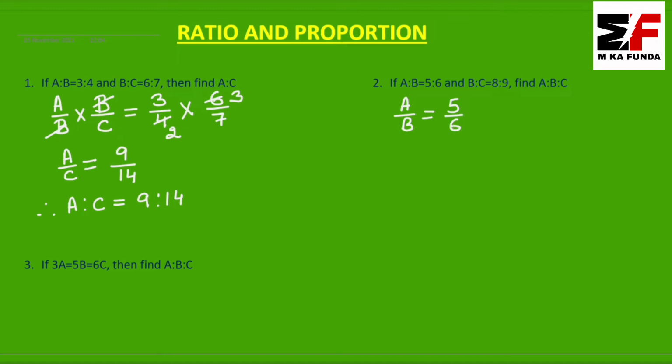Then below we will write B upon C is equal to 8 upon 9. Now we have to find the value of A is to B is to C. So B must have only one value, it can't have two values. So here we can see B has two values, 6 as well as 8.